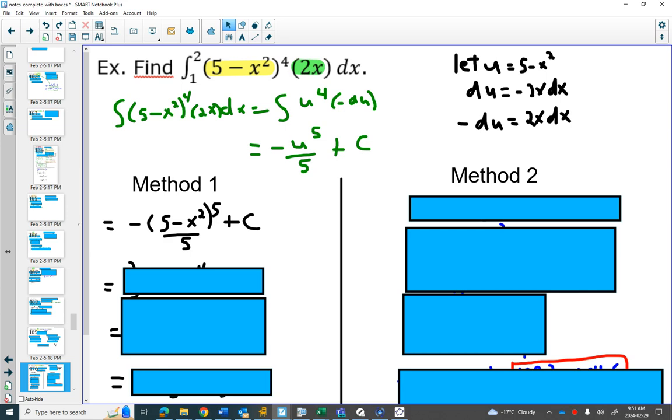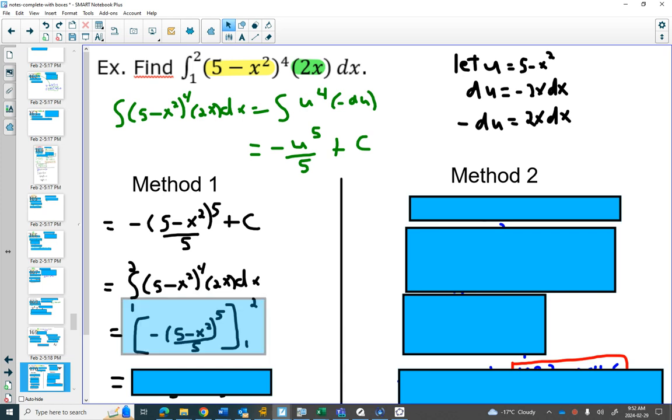So if we were doing a definite integral of this same question, what's the notation difference with doing a definite integral? Well, we add those square brackets and we write the antiderivative down, but you don't have to write the plus c, and you write from 1 to 2.